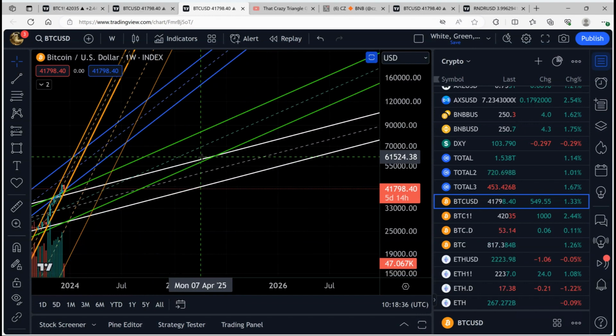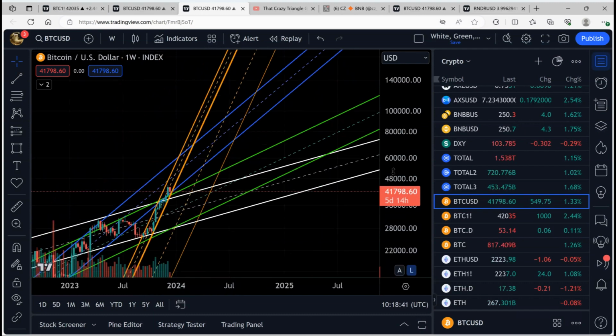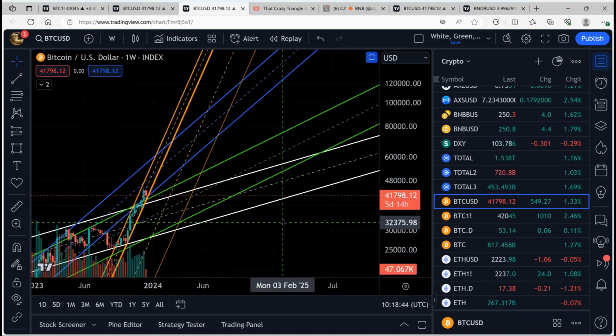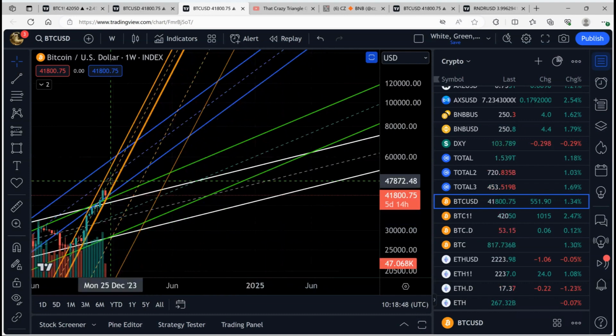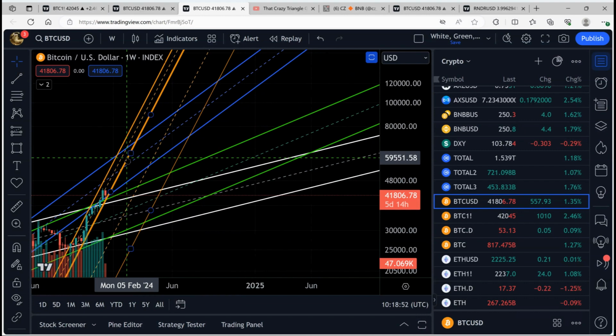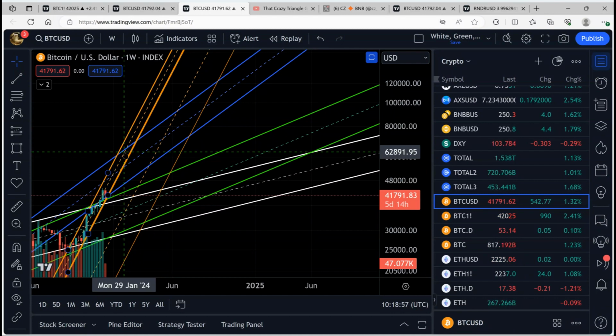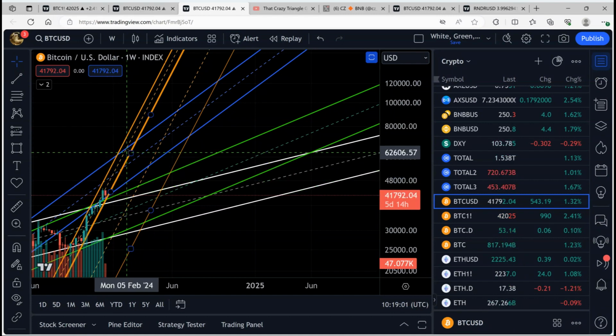Let me zoom out a little bit more. I'm on a weekly, so if I go over just a little bit, it's a lot. So if I open this up a little bit like this, let's go into mid-January, up about 62. Somewhere up here, I think we will continue up in this channel a little bit further up until here.